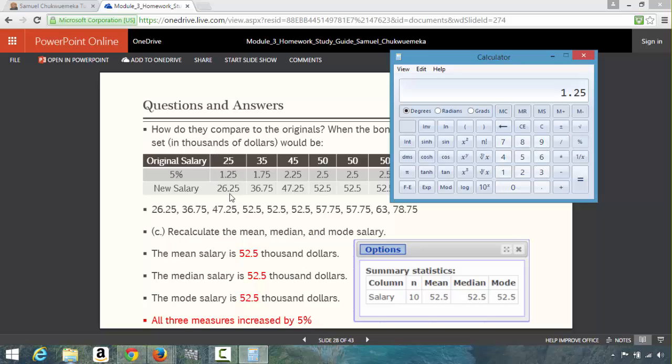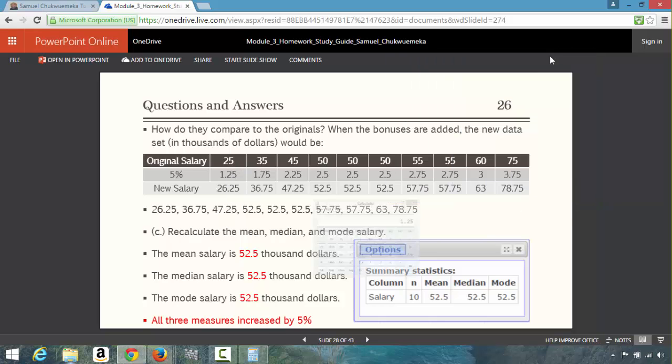So this will be $26,250. And that's the way you calculate this. Do you understand what I'm saying? That's the way you calculate it.